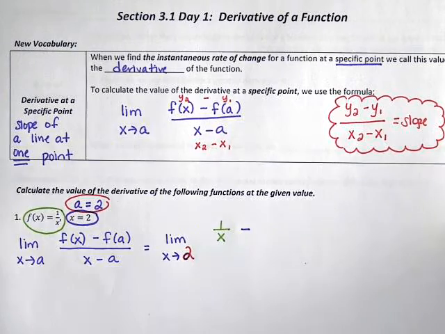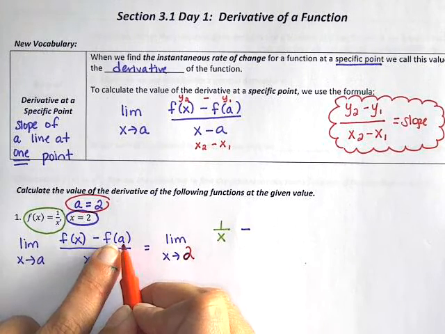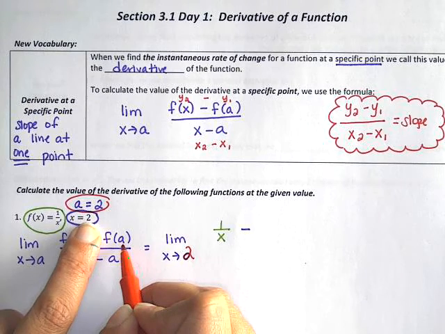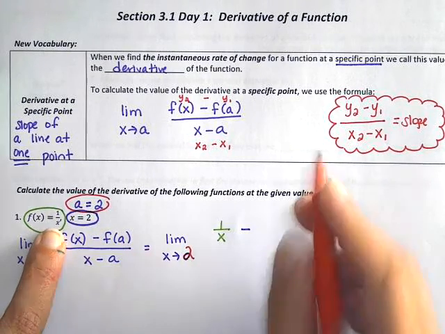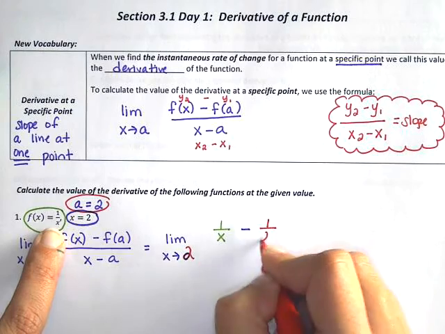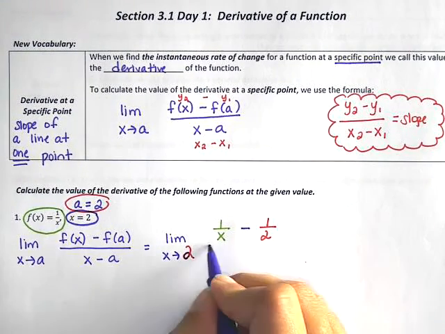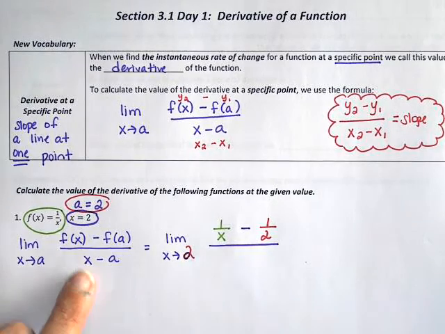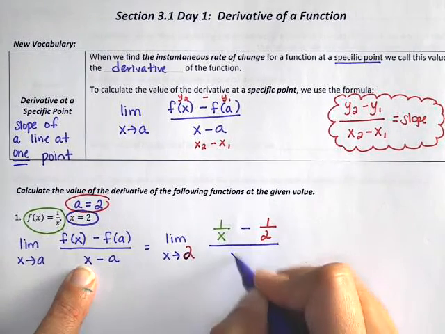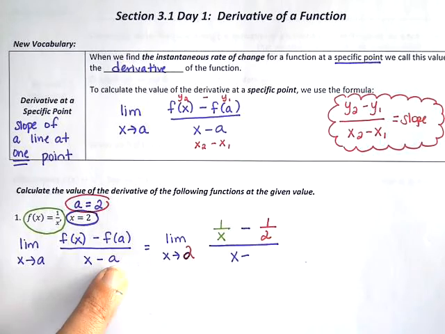Minus, now we have f of a. F of a would mean take the number 2 and plug it in here. So we would have 1 over 2 all over x minus a, which we said was 2.